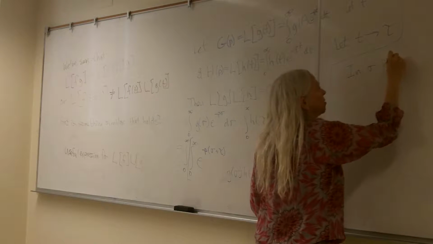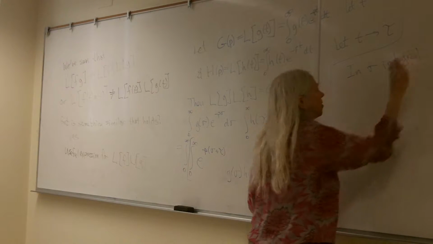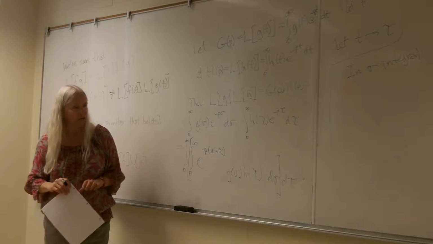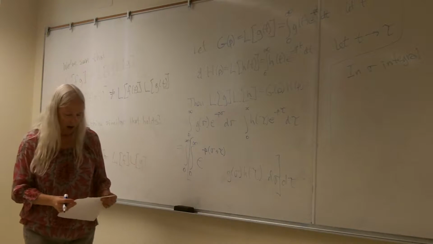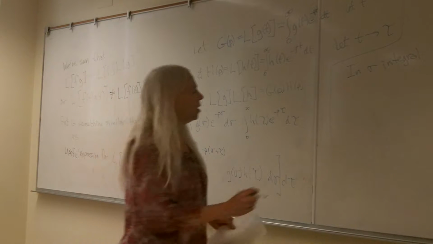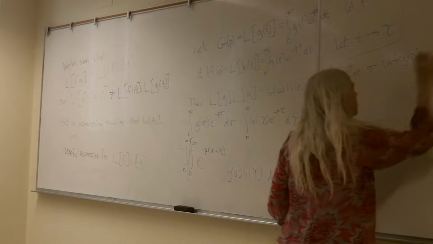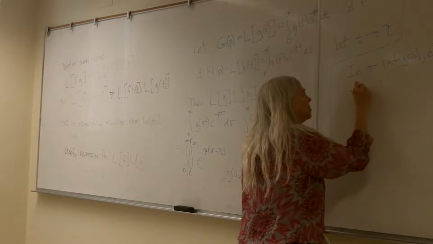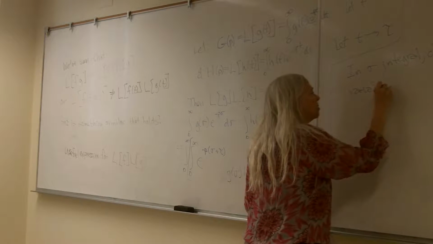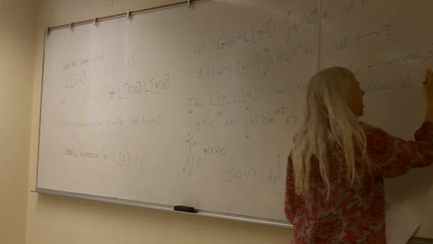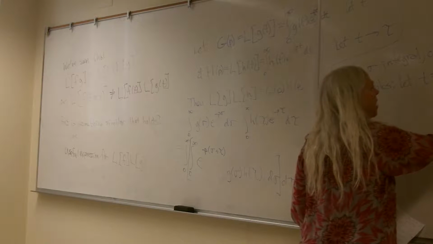In the sigma integral, the innermost one, the one that we are doing first as indicated by those parentheses, let's change variables. Let's let t be equal to sigma plus tau.